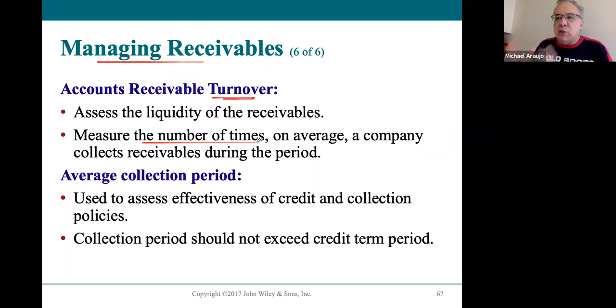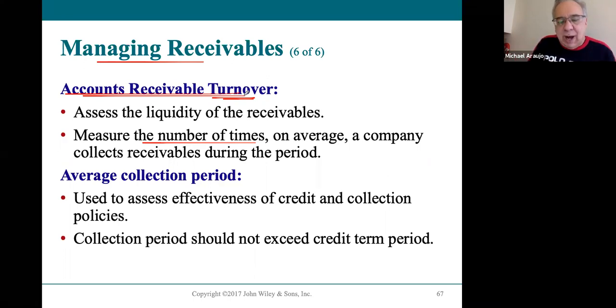So if you assume you're collecting things every 30 days, your accounts receivable turnover is going to be 12 times a year, because there's literally 12 months with at least 30 days in each of them on average. Yeah, I'm sorry, February. So 12 times a year would be a receivable turnover that people would look at, because most receivables are due in 30 days.